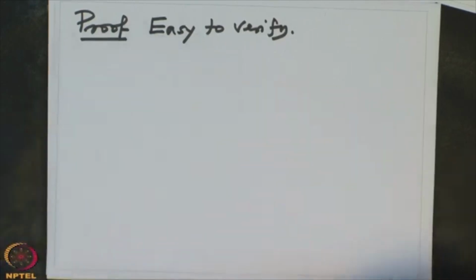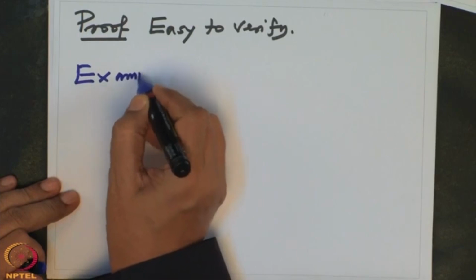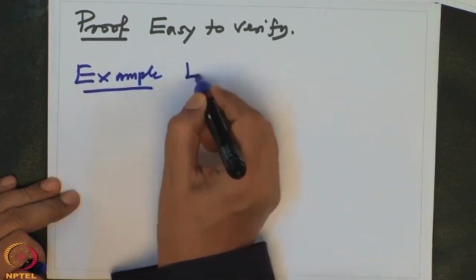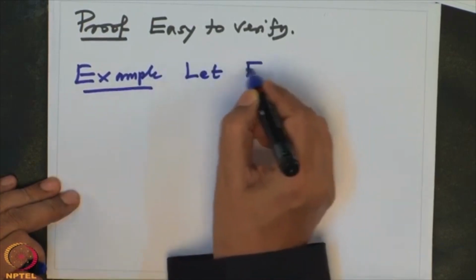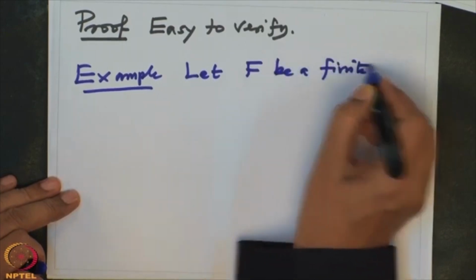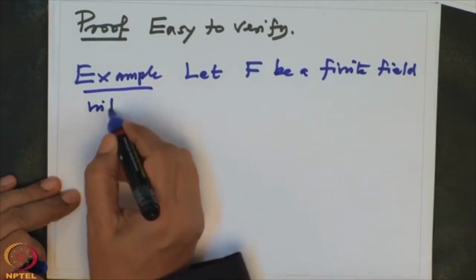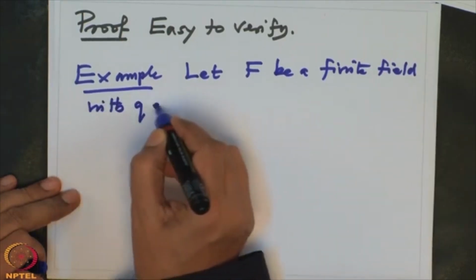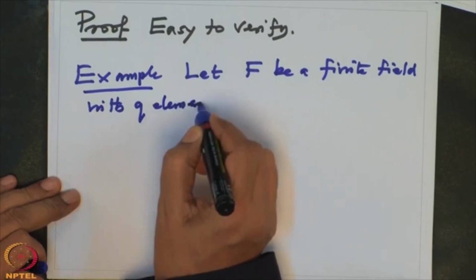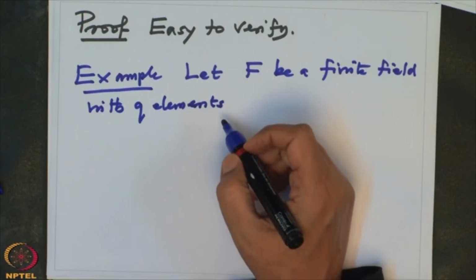So let me write this as an example. Let F be a finite field with q elements. We have not proved such a construction, but we will do it next time.